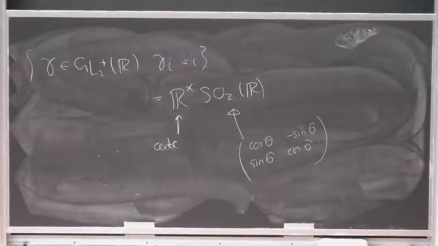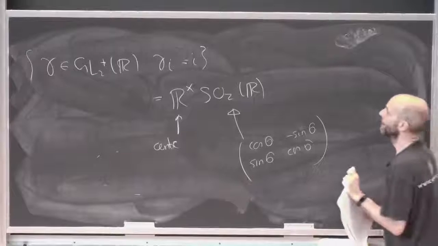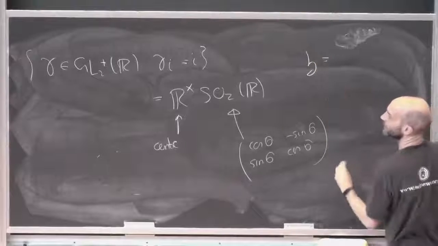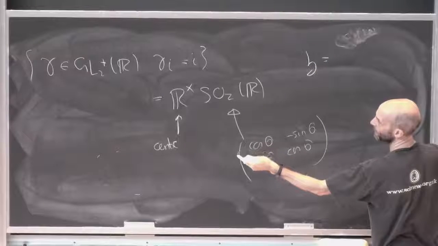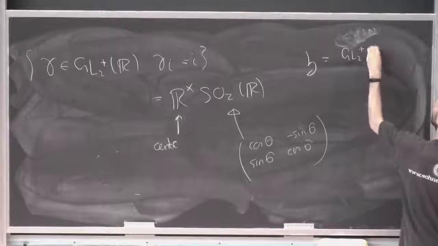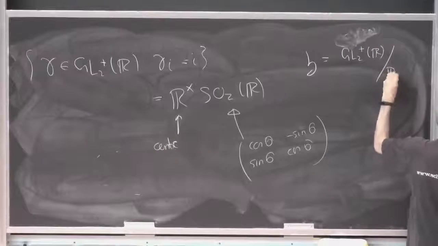That's what SO2(R) turns out to be. And so what we're really saying is that the upper half plane, on which this group acts on the left, is GL2+(R) over R* SO2(R).